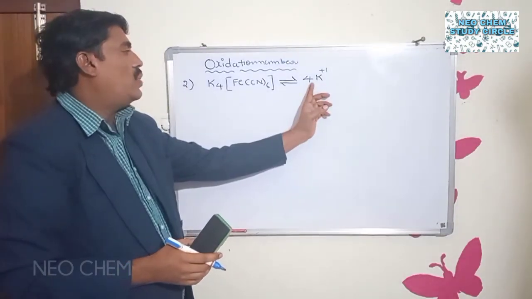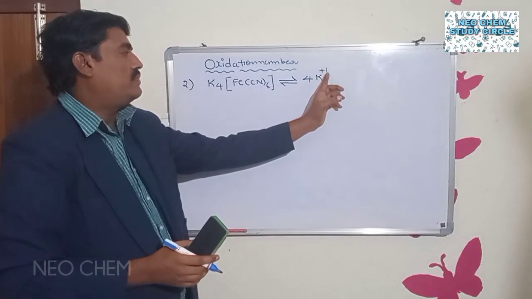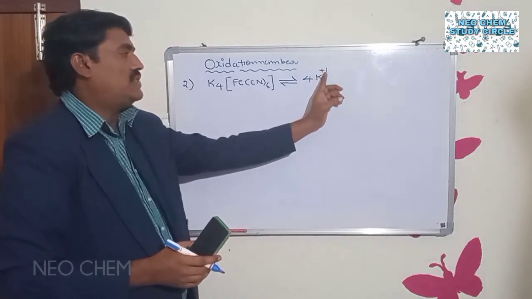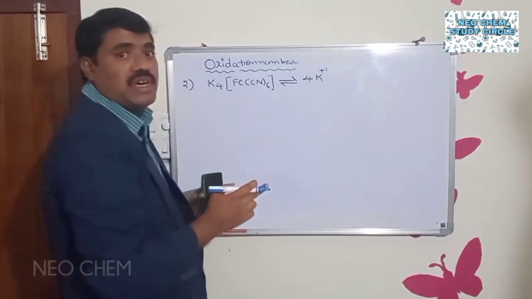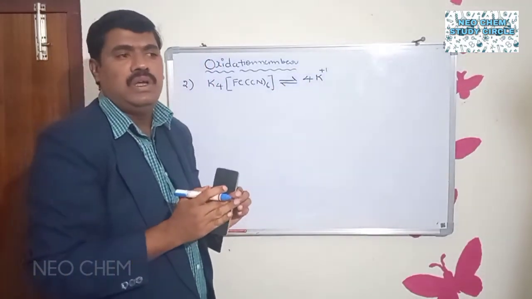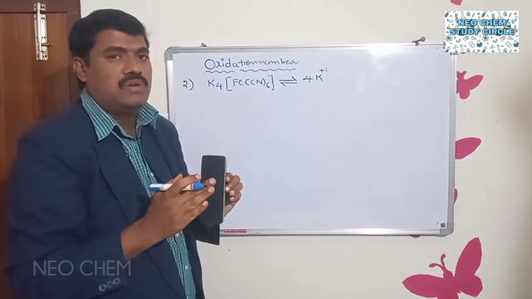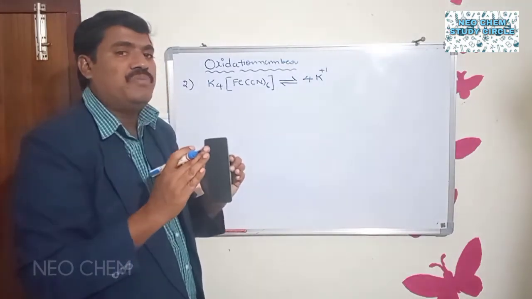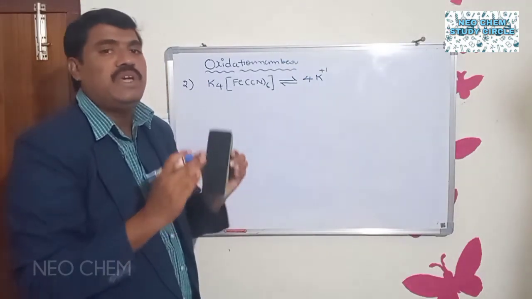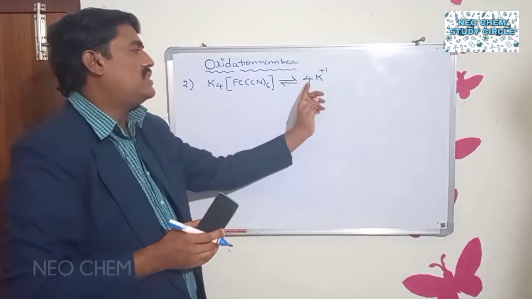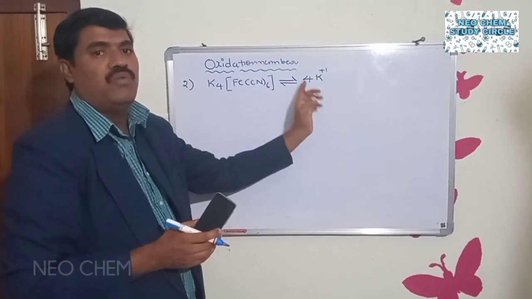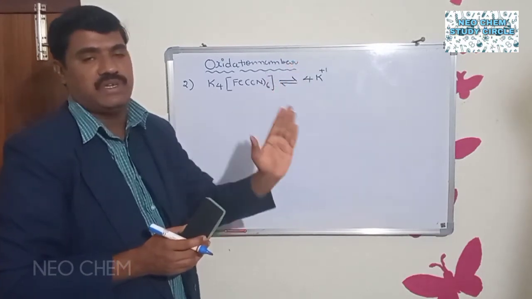Here the total number of positive charges is 4 into plus 1, that is plus 4. In a complex compound, the number of positive charges must always be equal to the number of negative charges. When 4 positive charges are there, 4 negative charges must be present.